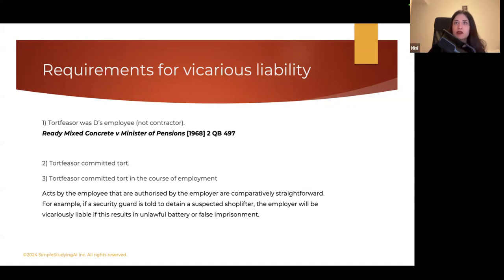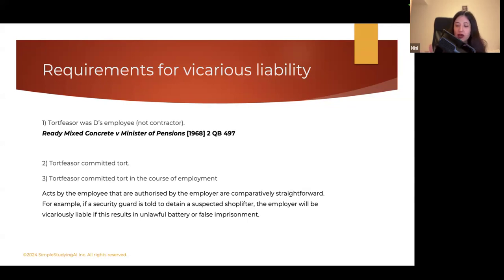There has to be some kind of tort committed, negligence, any kind of tort. And third, it has to happen in the course of employment, during the working hours when the employee was carrying out their work responsibilities. Acts by the employee that are authorized by the employer are comparatively straightforward. So if the employee was doing something that is directly related to their day-to-day work activities, then that is straightforward. You can assume in a problem question like that this is in the course of employment.